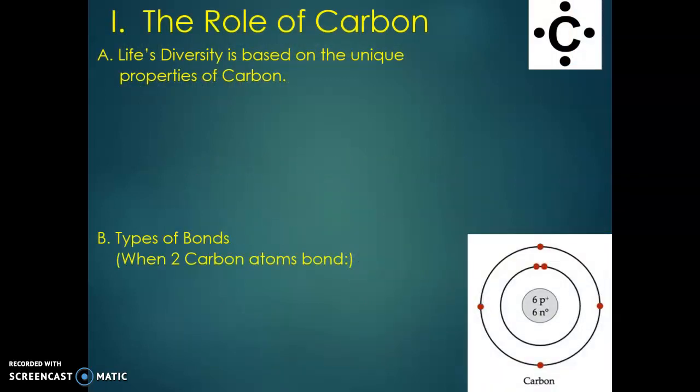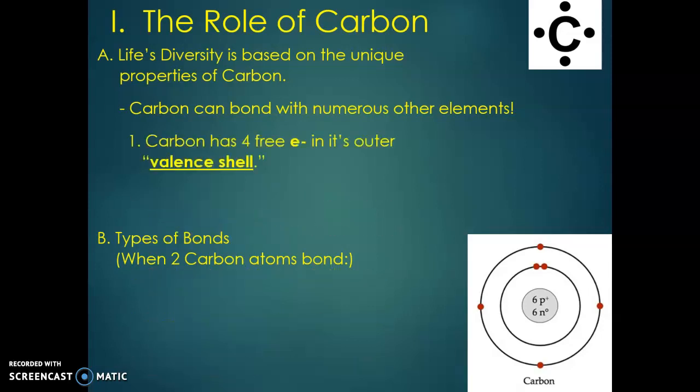Now, again, refocusing on carbon, it is used to create this diverse amount of organic molecules that we have, all because of its key properties that we already introduced in last unit. So first off, carbon can bind pretty much with almost anything else on the periodic table. And the reason for that is it only has 4 valence electrons in its outer energy shell.